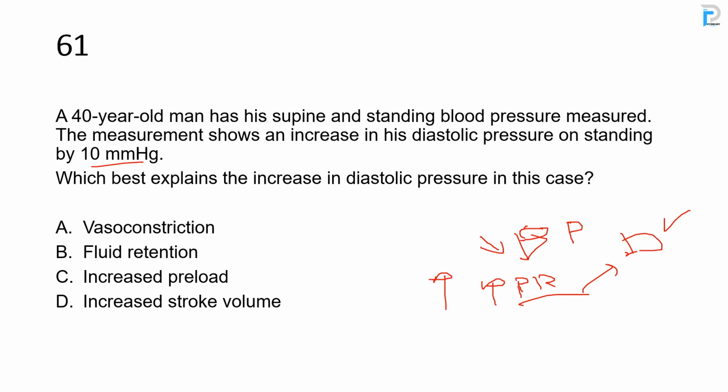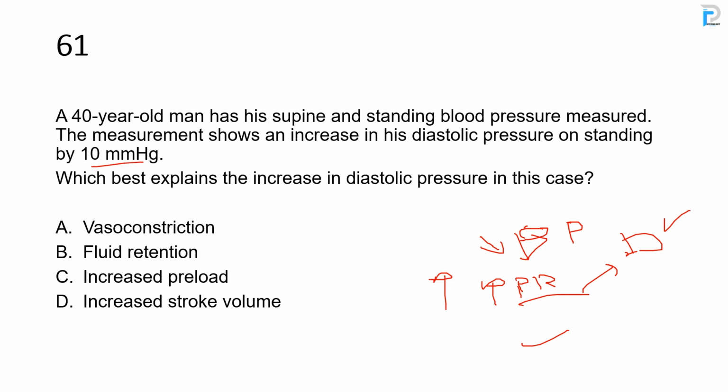So normally, if you measure the standing blood pressure in a normal person and compare it with sitting or supine measurements, you will find the standing diastolic pressure is higher by 10 millimeters of mercury, and you will find heart rate is higher, and that is normal.